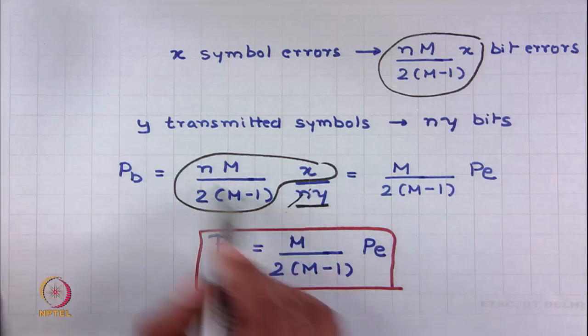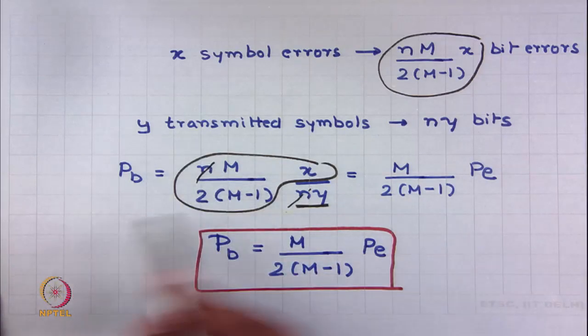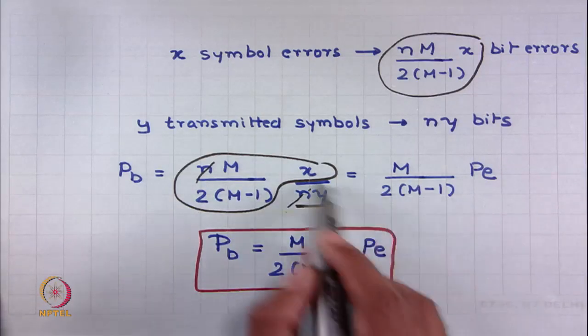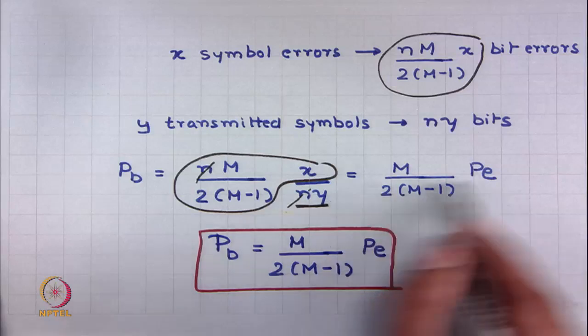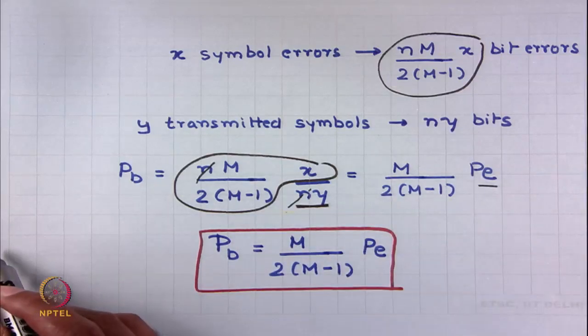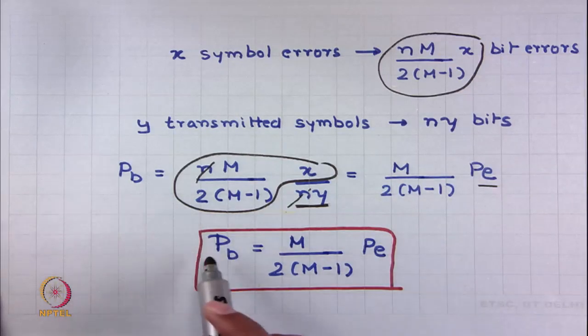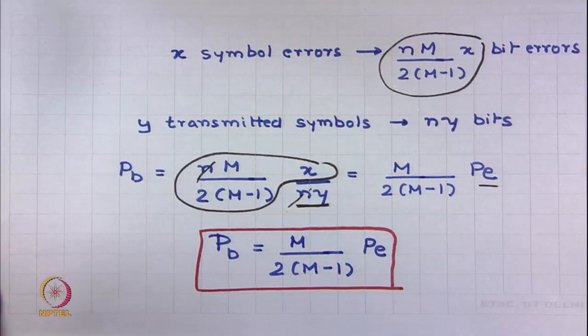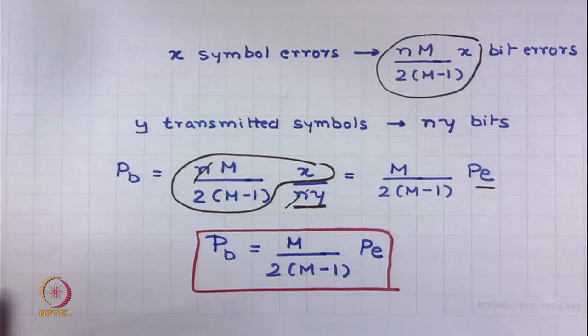So, this n cancels with this n. So, we have m by 2 times m minus 1, and we have x by y, which is the symbol error rate. So, we have got a relationship between bit error rate and symbol error rate for orthogonal modulation schemes as well. So, this is the relationship that you should use. Okay.